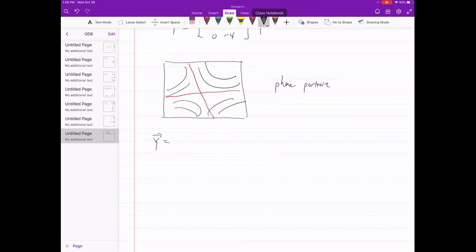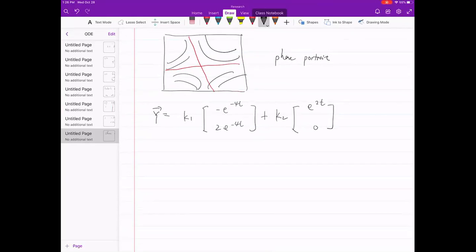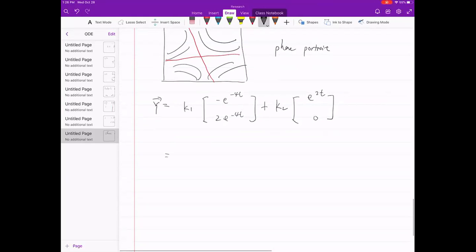Y equals K1 ... That's the solution we got from last time, right? Now, do you see the point of writing these two in this way? Because these two factors are the same, we can actually take it out.